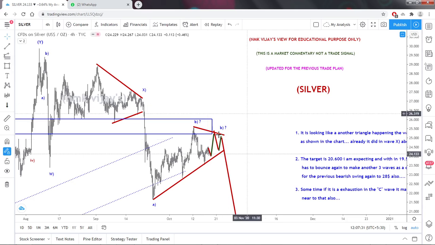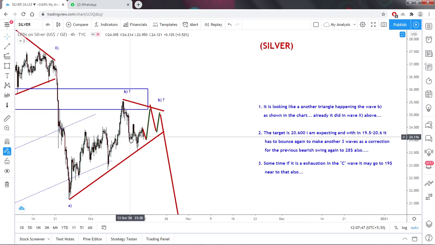I am expecting the rejection, so I exactly entered at 24,800 one lot and 25,140 one lot. I booked the profit of 25,140 that I had booked at 24,100 here. In this zone itself I exited my position, so I am still holding that 24,800 zone level.